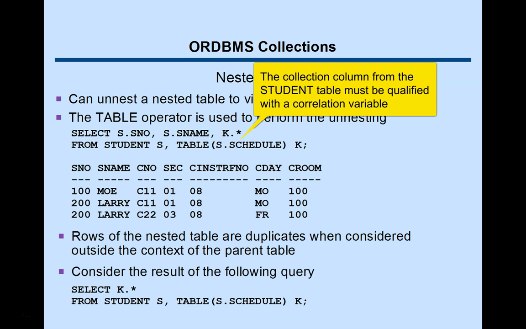Student is associated with the table alias or correlation variable of S, which is used to qualify the names of the columns within the student table. We then use that S to qualify the collection schedule. That s.schedule is what is passed as input to the table operator.